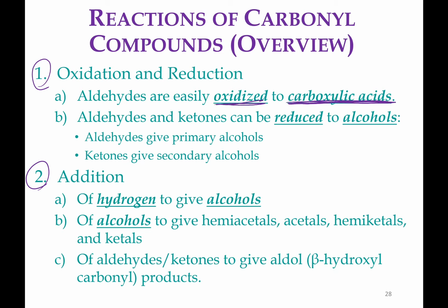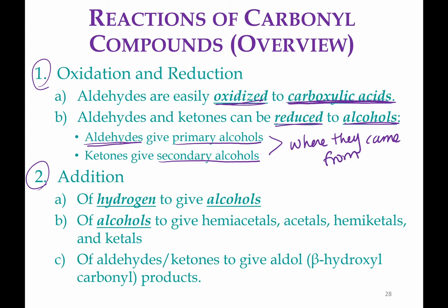We know this. Aldehydes and ketones can be reduced back to the alcohols they came from. The aldehyde is going to give us a primary alcohol, and a ketone is going to give us a secondary alcohol. This is where they came from. Back to their roots.